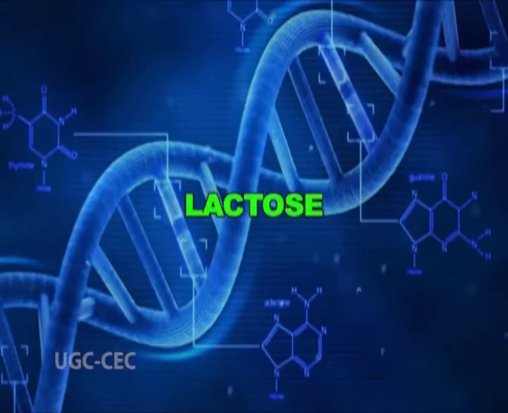Lactose. Lactose, also referred to as milk sugar, is a sugar which is found most notably in milk. Lactose makes up around 2 to 8% of milk by weight. It is the only significant sugar or carbohydrate of animal origin.